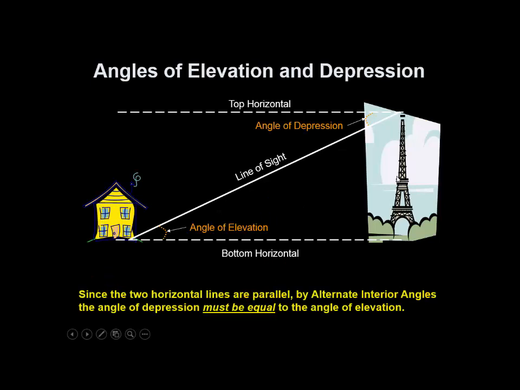All right, angles of elevation and depression. As you can see, I have a horizon line up top, and I have a horizon line at the bottom. Remember that the horizon lines are parallel to each other.